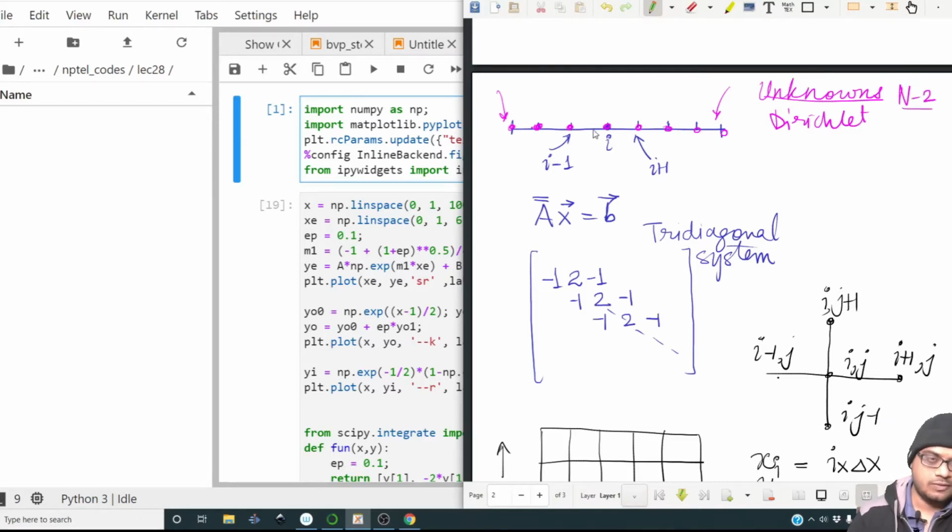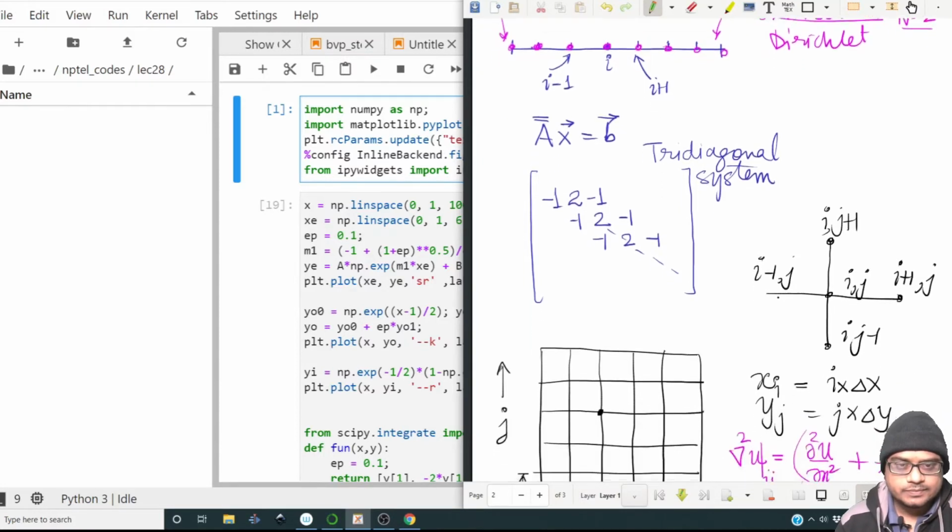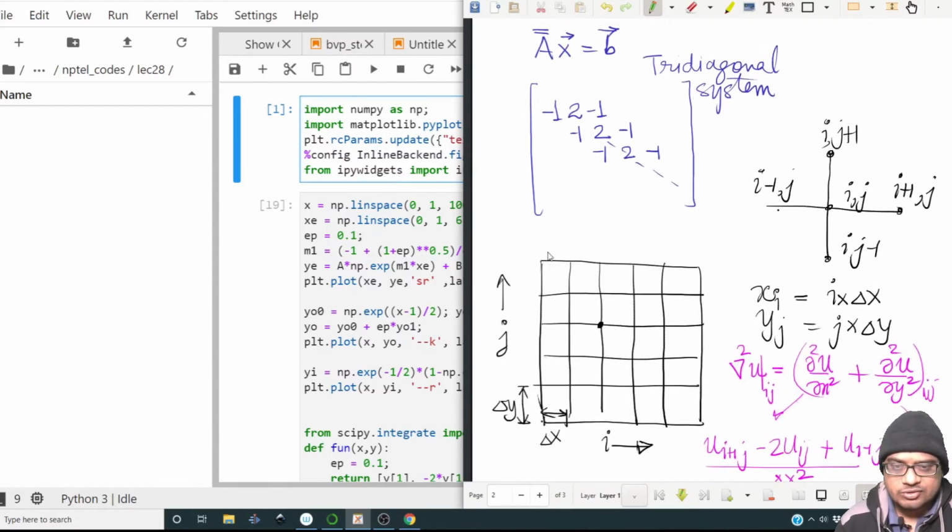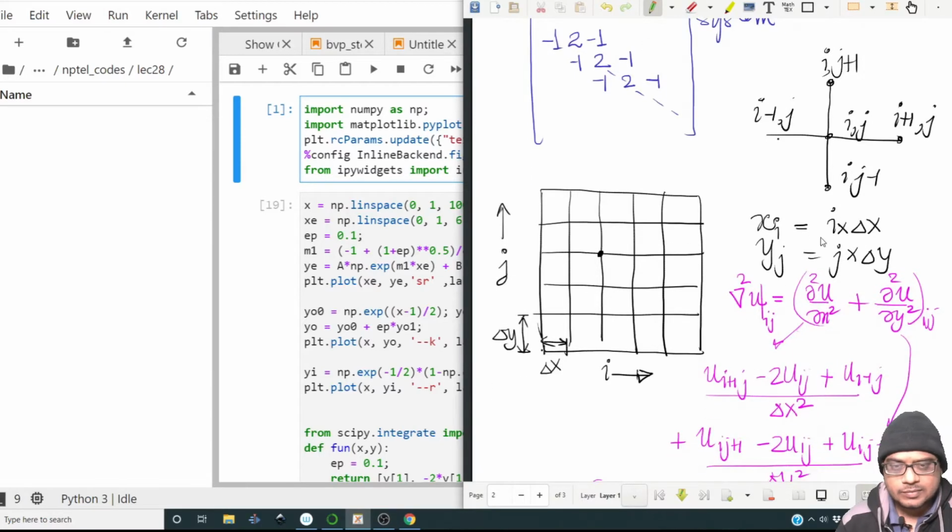What about in the case of a two-dimensional problem? If all the boundaries have a Dirichlet boundary condition, then the number of unknowns will be all the inside grid points. It will be n minus 2 whole square, right?